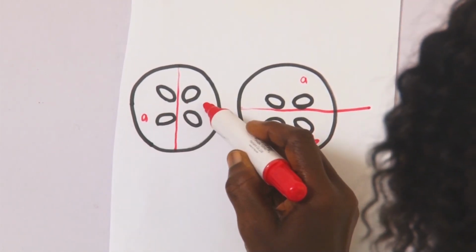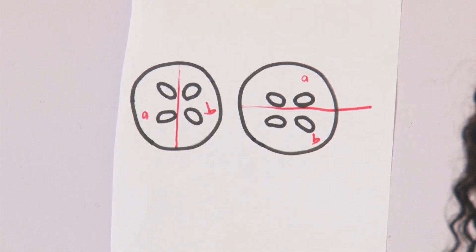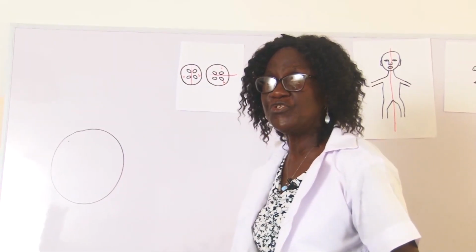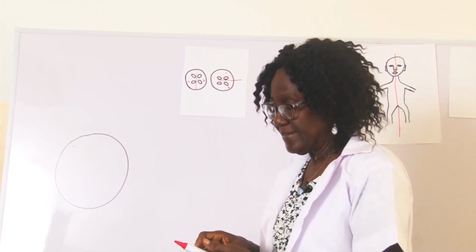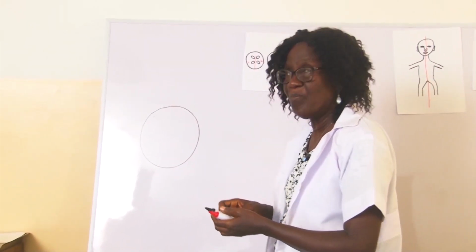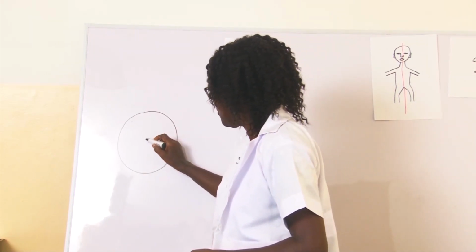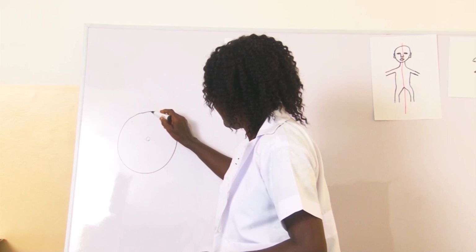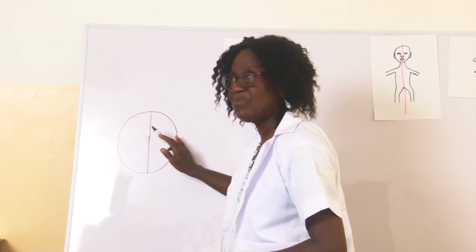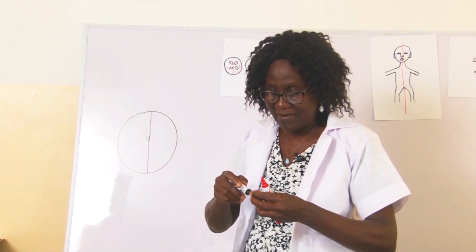Here too, A and B are the same. So organisms that are radially symmetrical are normally circular or tubular. And any cut along the diameter will produce mirror images. So if there's a center here, any cut through the center from one end to the other will produce mirror images. So that is radially symmetrical organisms.